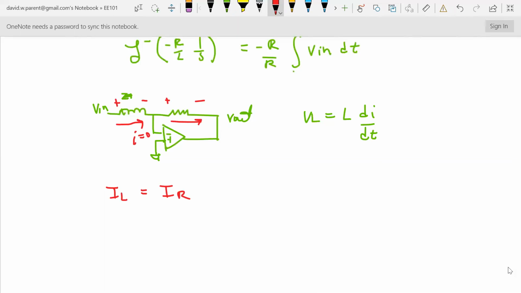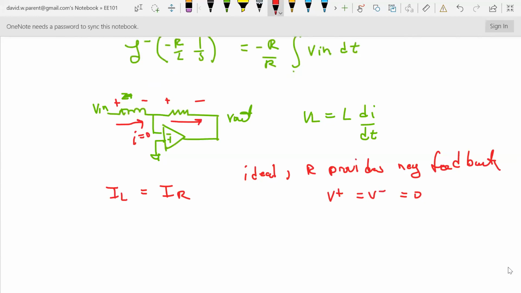But then, ideal, R provides negative feedback, right? V plus equals V minus equals 0, right? So if I give this a label Vx, it's equal to 0.